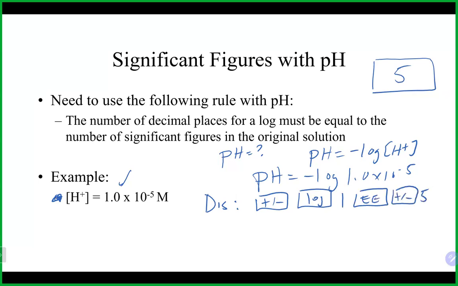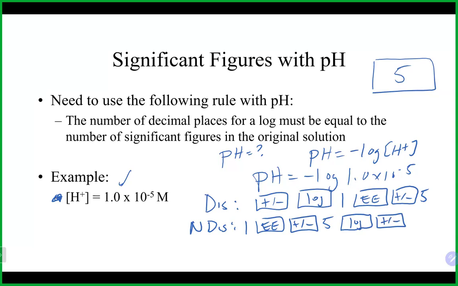If you're going non-display, you would start with the number, which would mean 1, exponent button, negative button, and 5. Then you would hit the log button, and then you would hit the negative button to make it positive. So those are the two ways that you typically would punch it in.